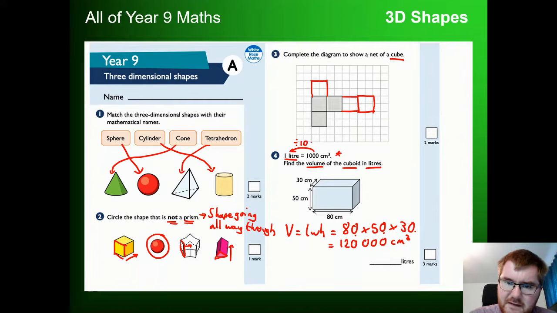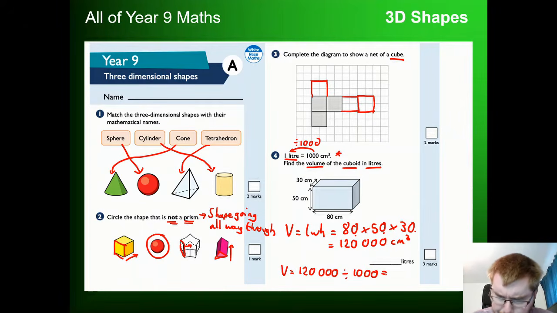We need to divide by 1,000, so our final answer here will be 120,000 divided by 1,000. And what we can do here is just go 1, 2, 3. So that's going to be just 120 litres. If you've got other ways of working that out, of course, and you can reach for your calculator, then that's absolutely fine as well.